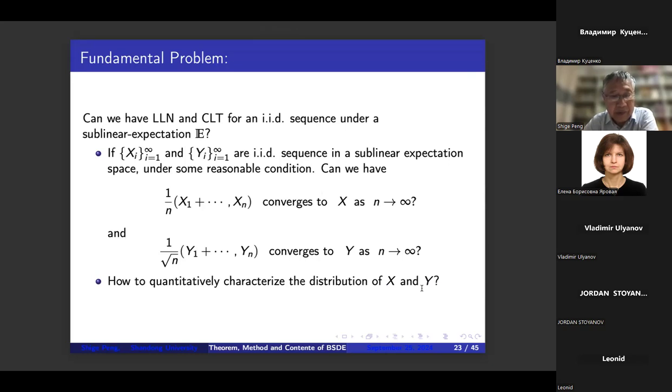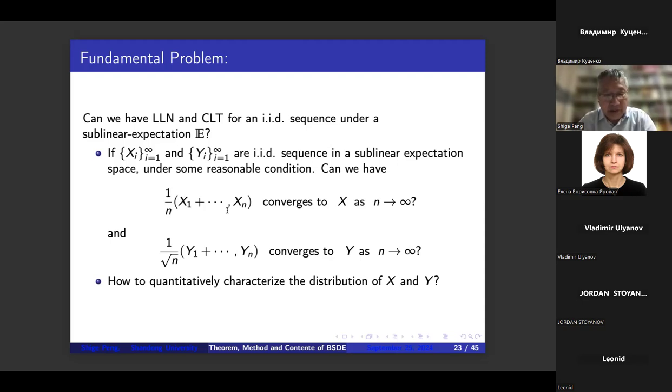So the question now is, in the sublinear situation, the convergence becomes more realistic.